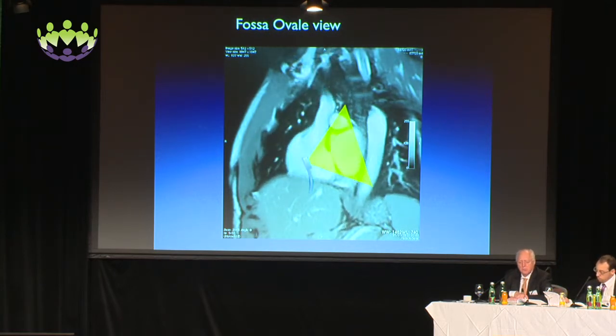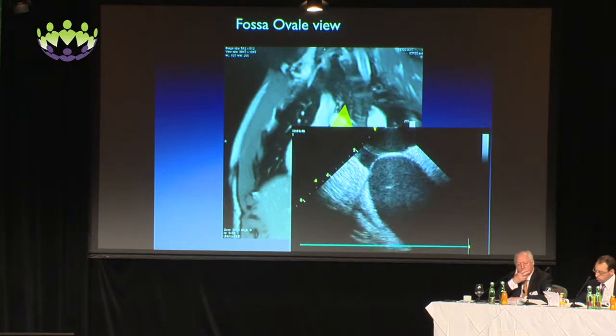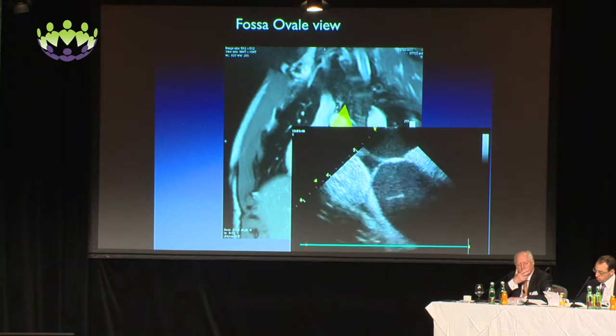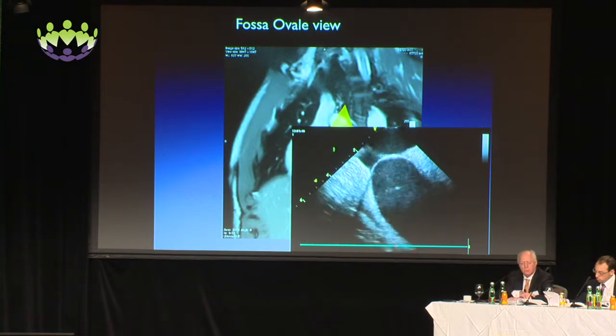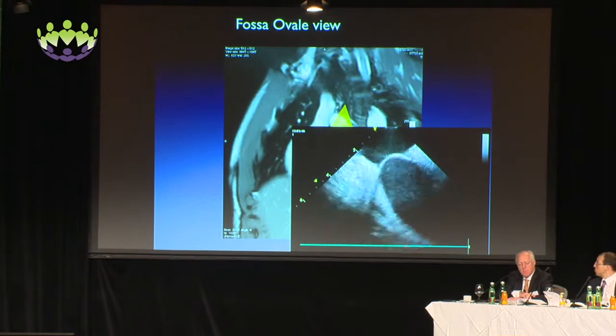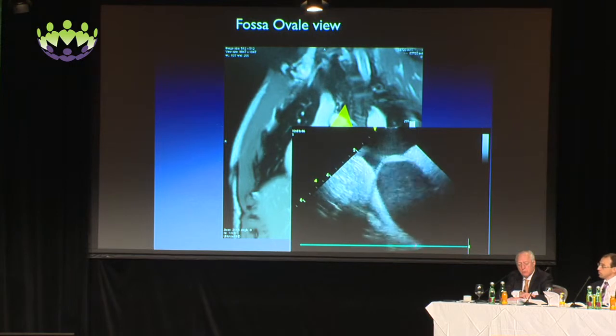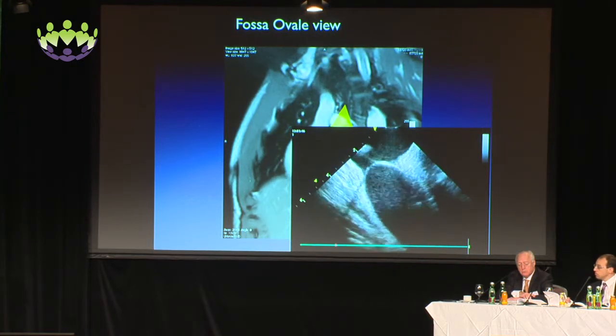We are in front of the fossa ovalis, and we have the appendage here. This is the typical view of the fossa ovalis. Usually the imaging of the fossa ovalis is very nice because the probe is close to the fossa ovalis, just in front of it. And this is a good projection to perform a safe and effective transseptal puncture.